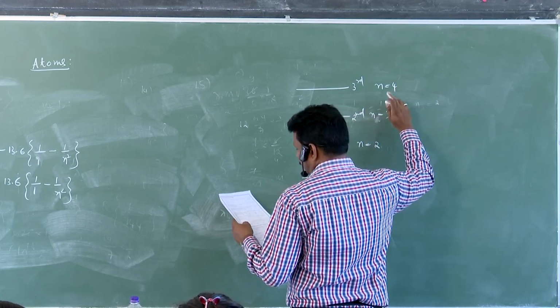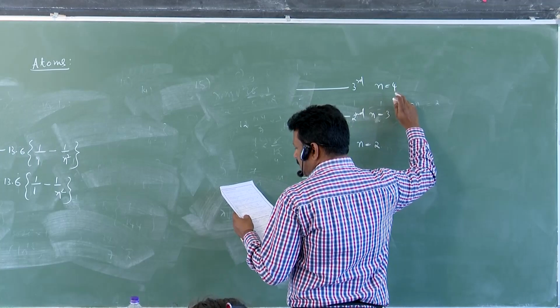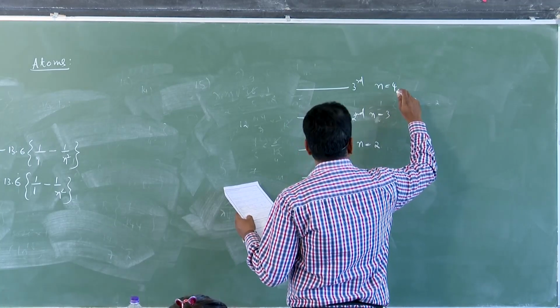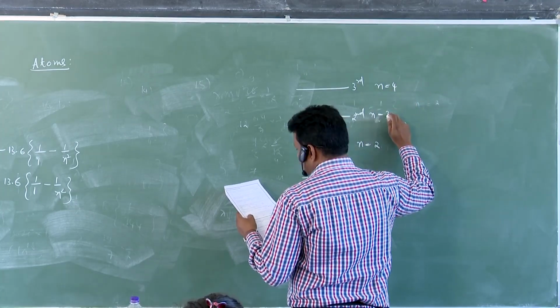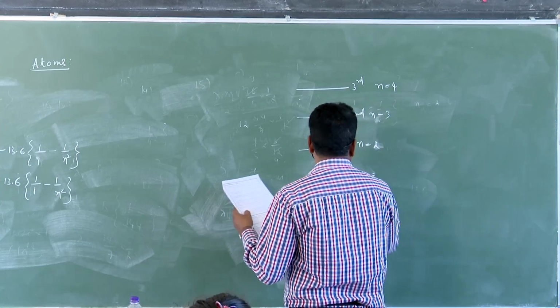Wait. First one is, listen. First jumps from the third excited state. Third excited state is 4 to the second excited state.